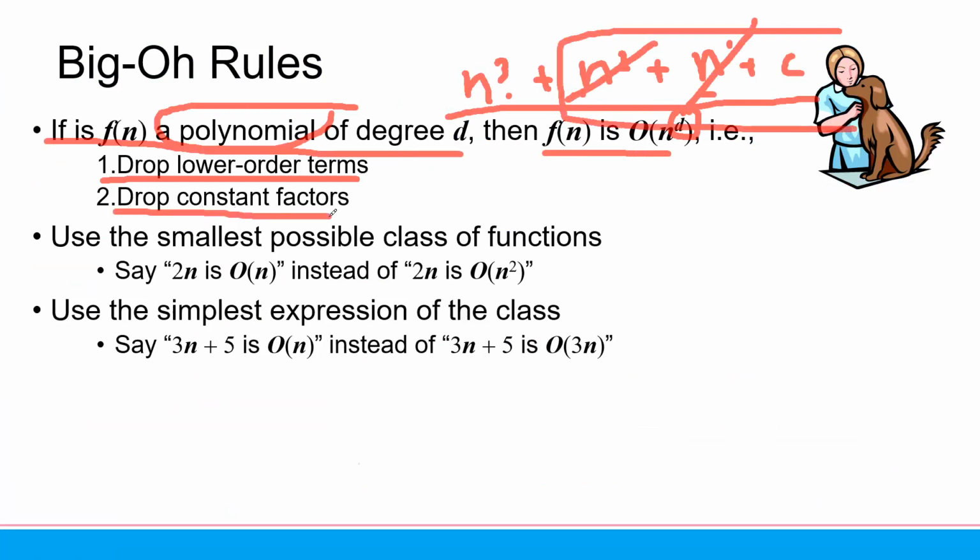And drop the constant factor. So you can drop the constant factor. And also, if we have something like 30 n power of 3 plus 5 n power of 2 plus 30 n plus 5,000.